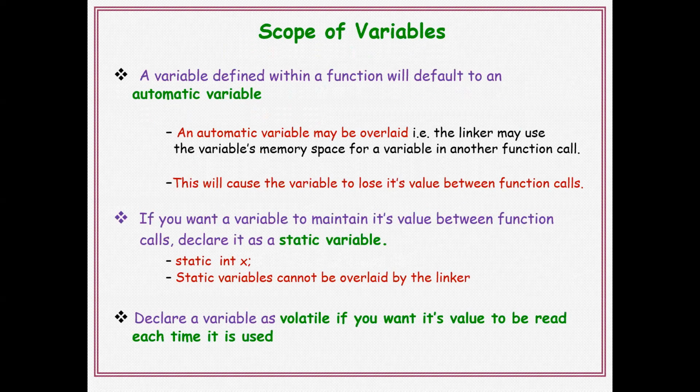And next one is scope of variables. A variable defined within a function will default to an automatic variable. An automatic variable may be overlaid, that is, the linker may use the variable's memory space for a variable in another function call. This will cause the variable to lose its value between function calls.